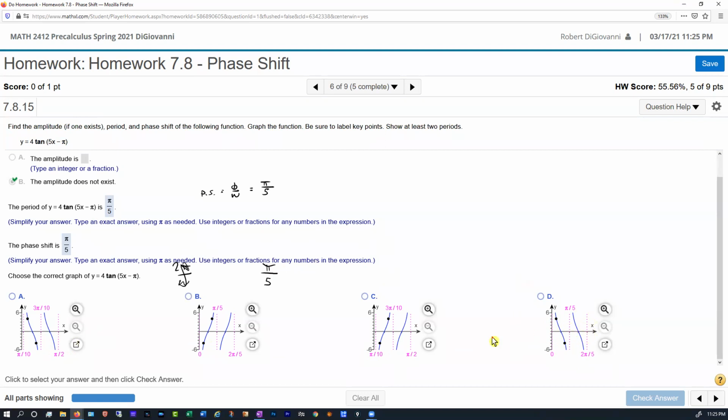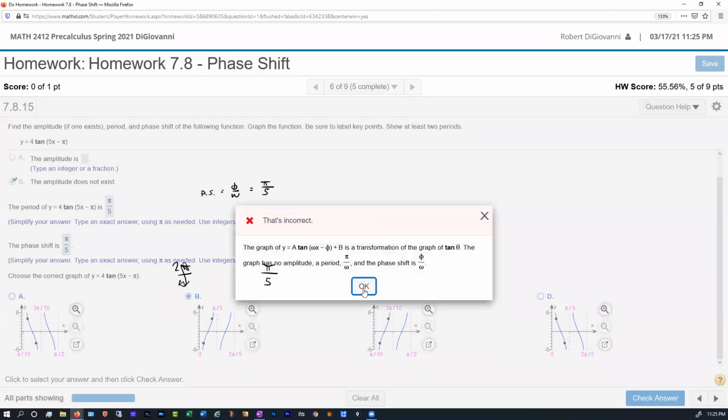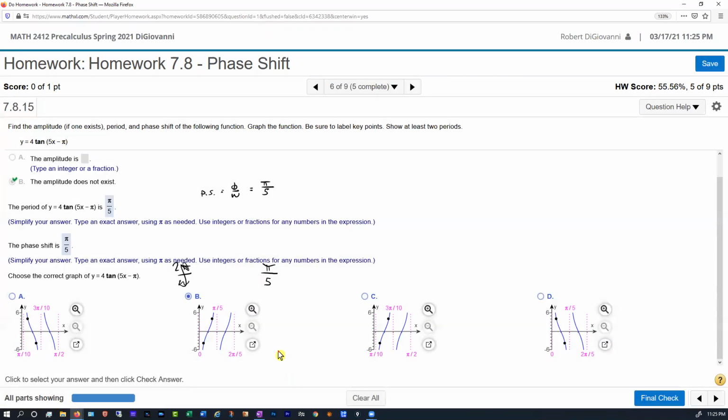This one has a pi over 5, but it's a tangent function, so it has to look like this, not like this. That's more of a cotangent. Okay, hold on. This is the period. We need a phase shift of pi over 5. I don't think we're going to get away without having to do this one by hand.